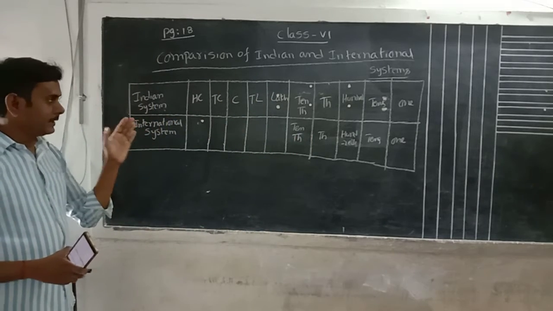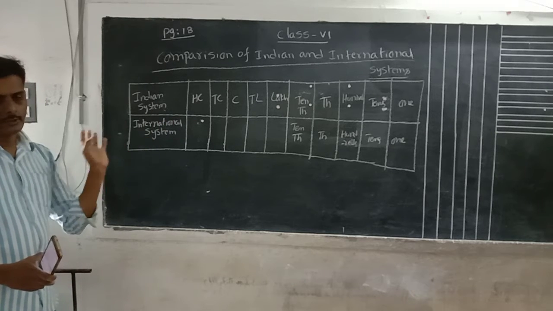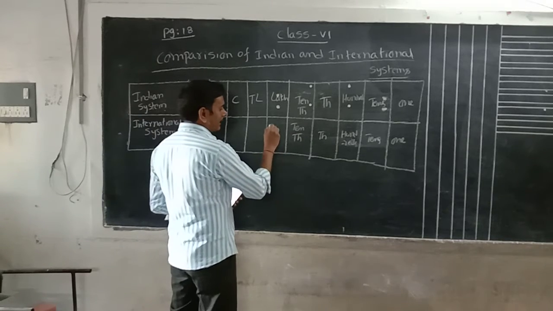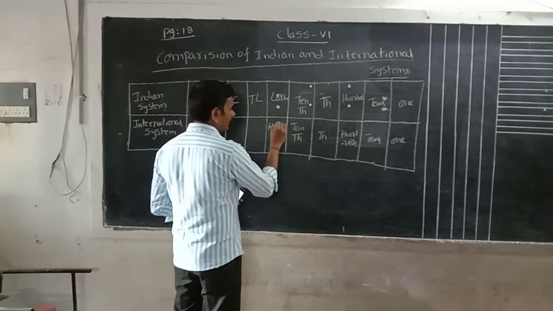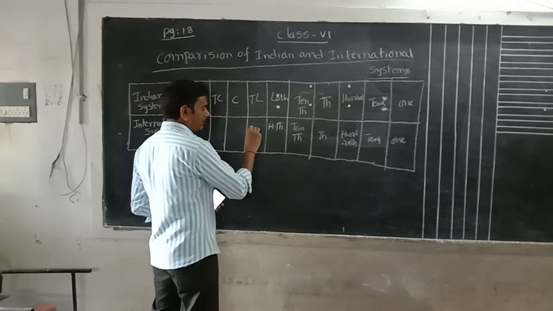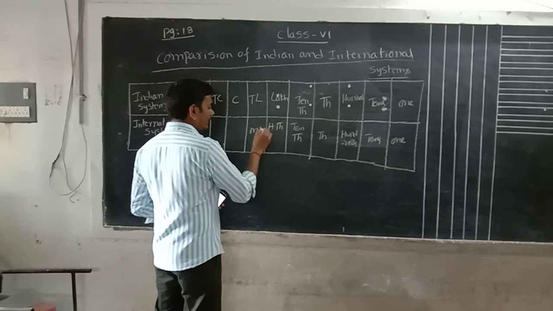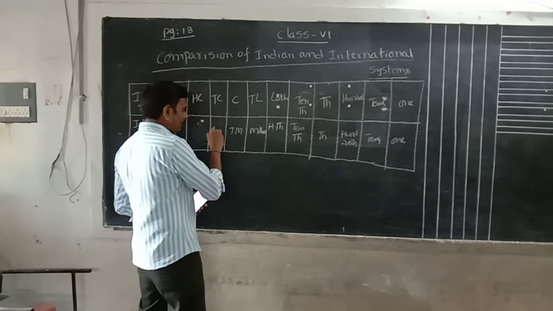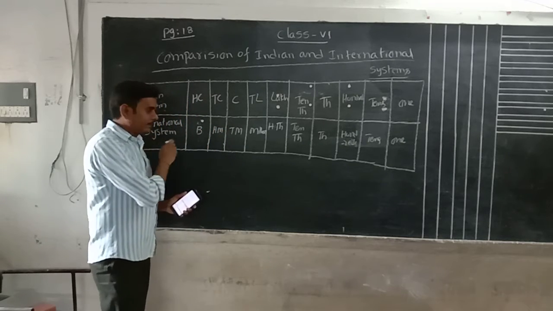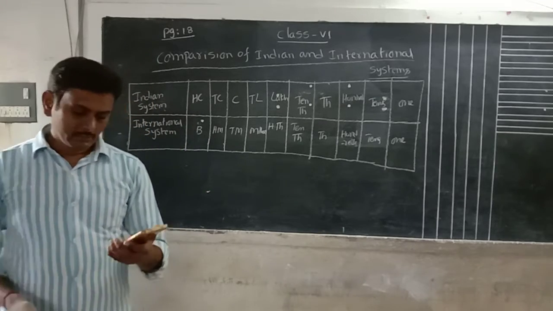Up to 10,000 they are the same. After 10,000 we get 100,000, next million, 10 million, 100 million, billion, 10 billion, 100 billion. But for comparison, we end at billion only.